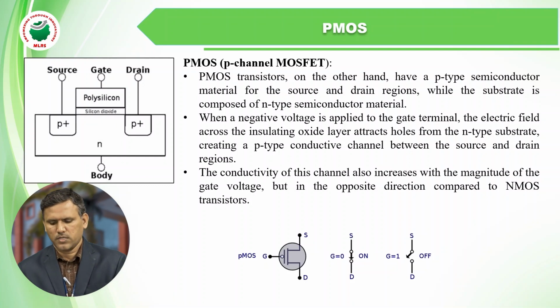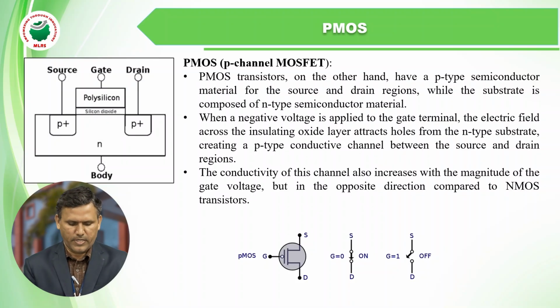PMOS transistors have P-type semiconductor material for the source and drain regions, while the substrate is composed of N-type semiconductor material. Here these two are the P-type materials, and this one, the substrate, is N-type material.